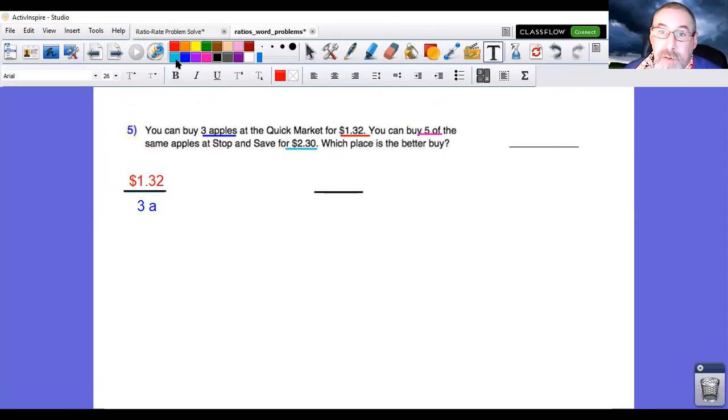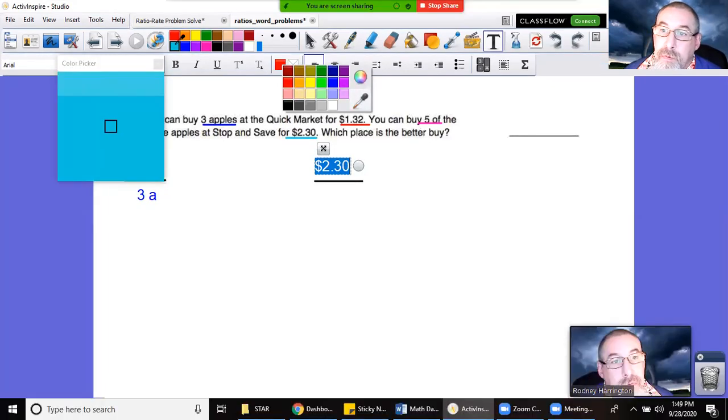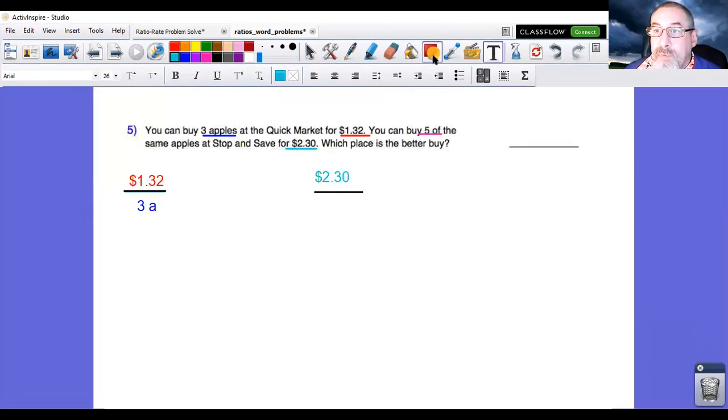And then the other side, what we're comparing is $2.30 over 5 apples.